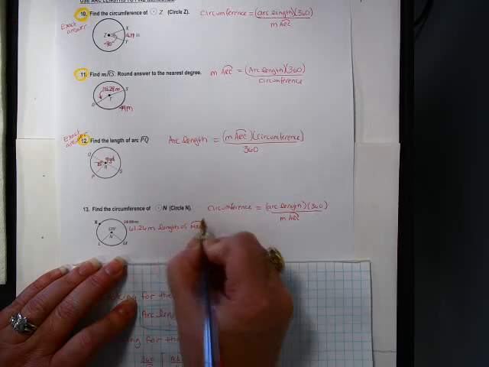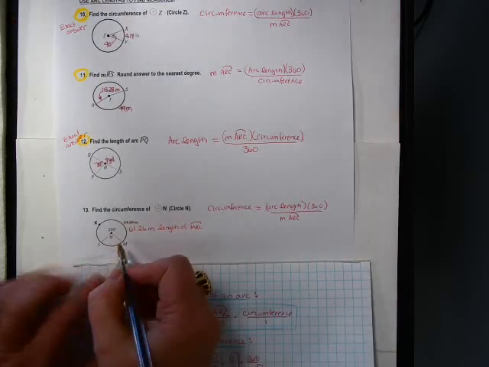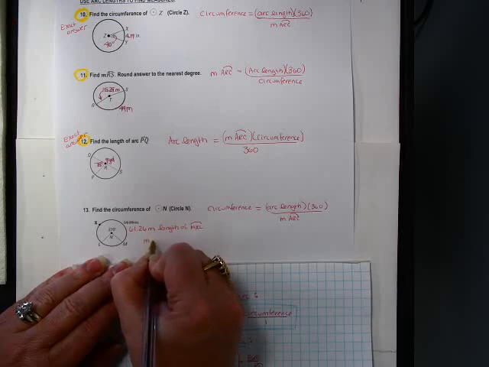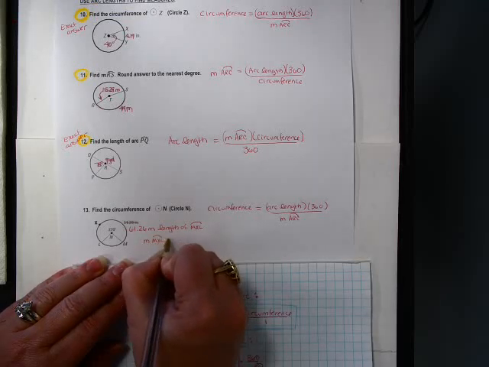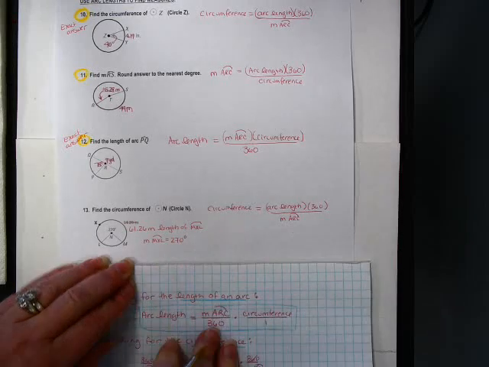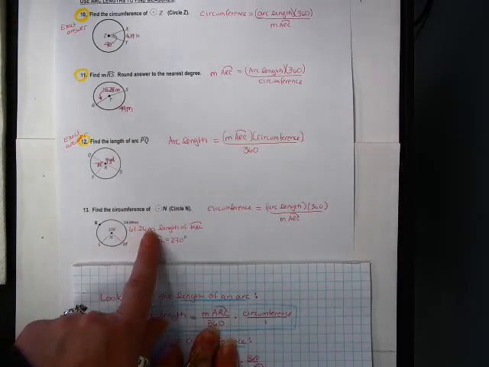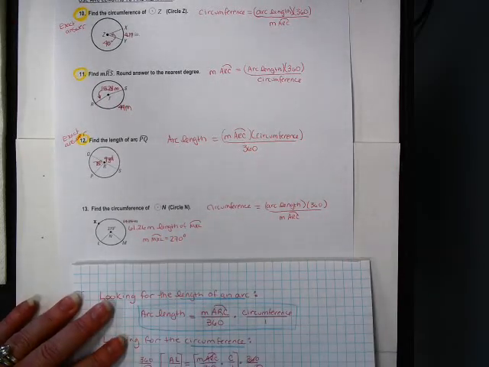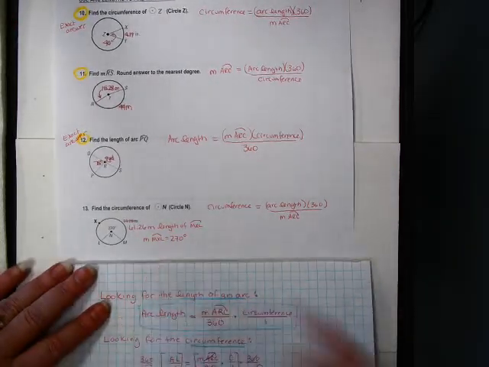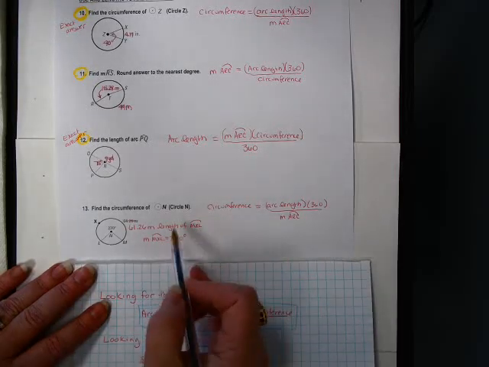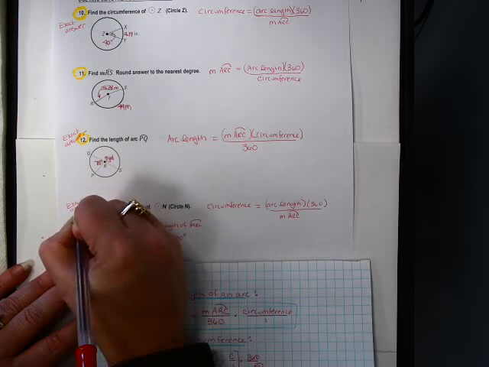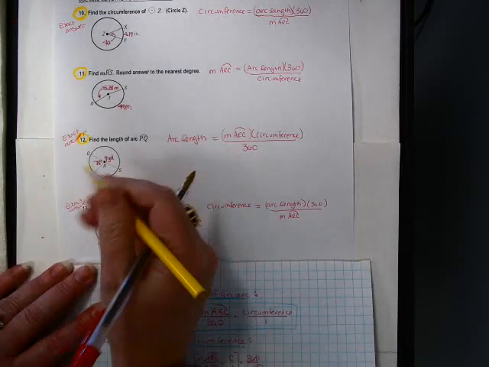And you know that this 270 degrees, that's the measure of arc MXL. Okay, so this is in meters, and this one is in degrees. So plug it in and solve. And notice how on this one, they did not say round, so that's going to be an exact answer. So I'm expecting you to finish this one and bring it into class.